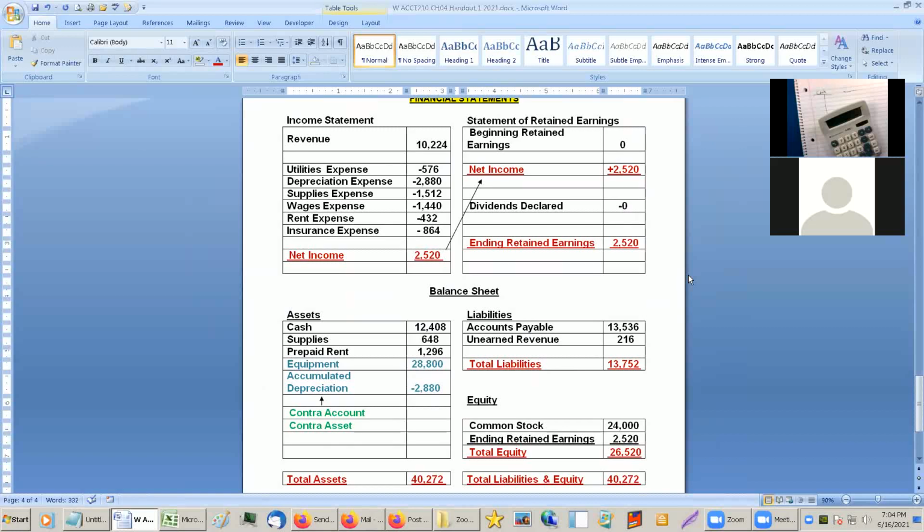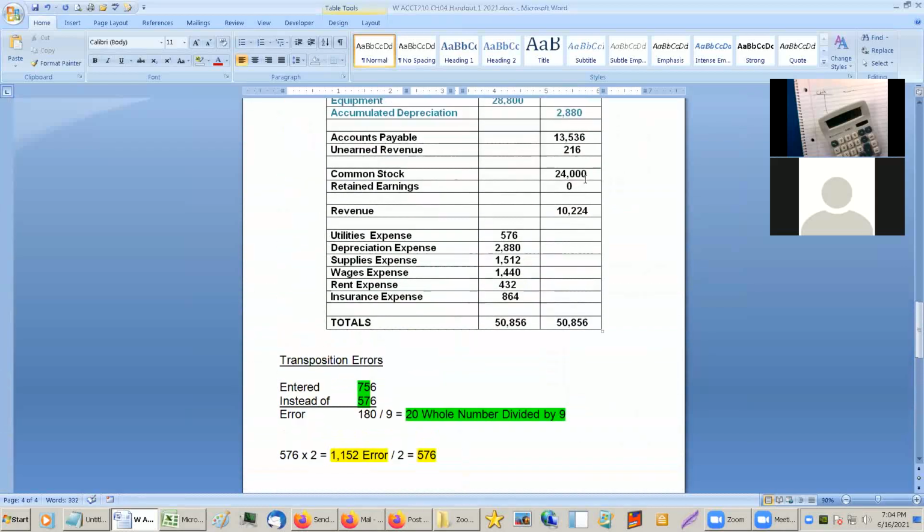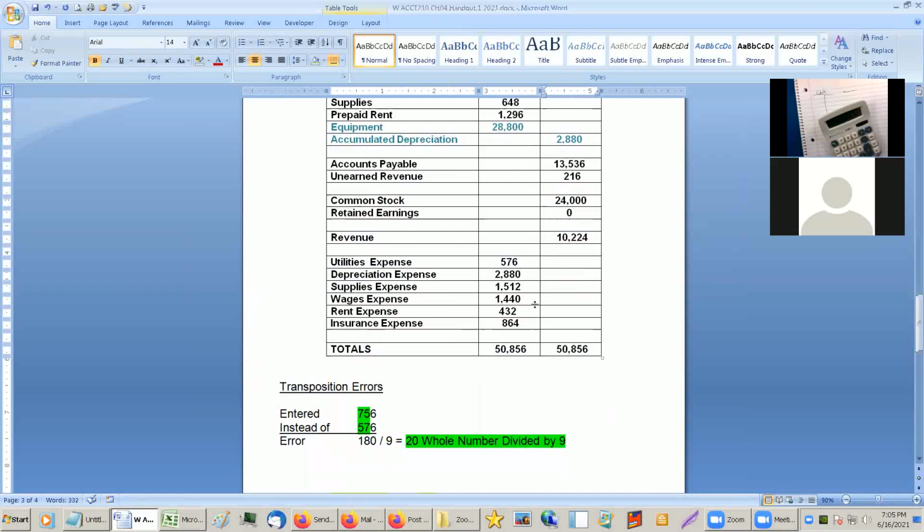If you're wondering why we do financial statements, it's because simply looking at these numbers up here, it's very hard to see how well a company is doing. You get some information, but it's not in a form that jumps right out at you and tells you how well they're doing.